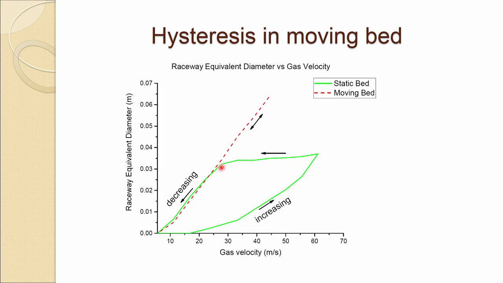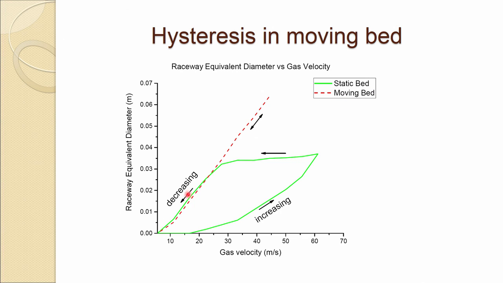In the experiments done with the moving bed, it was found that it does not matter whether you measure the raceway size under the increasing case or the decreasing case; you get the same size in both, if the bed is moving.